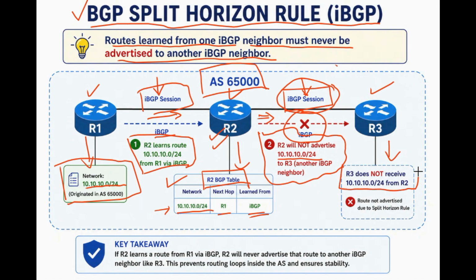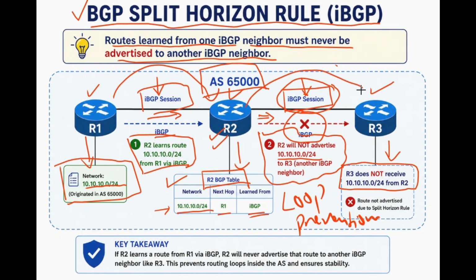Now, the big question is, why does iBGP have this restriction? The answer is very simple: loop prevention. Without this rule, routes could continuously bounce between the iBGP neighbors or the routers and create routing loops. For example, R1 sends the route to R2 and R2 sends it to R3.